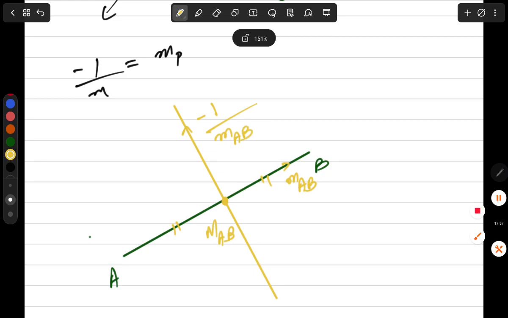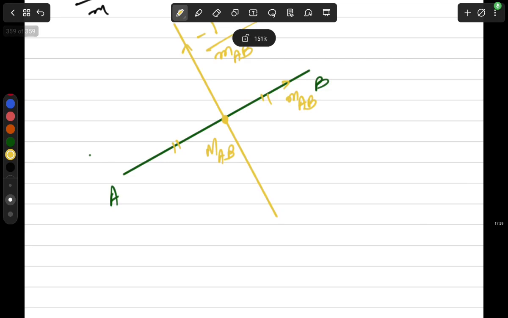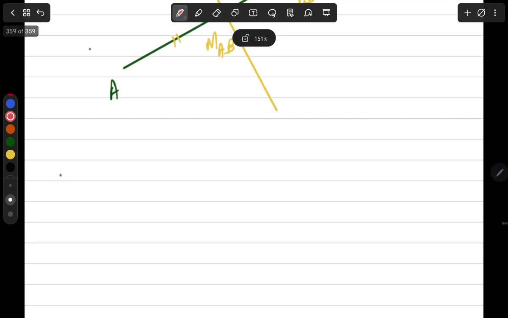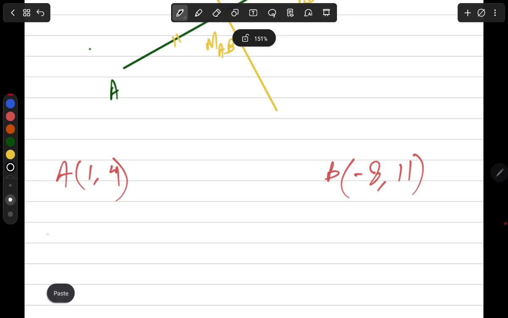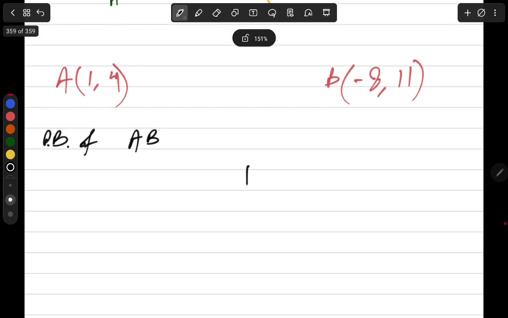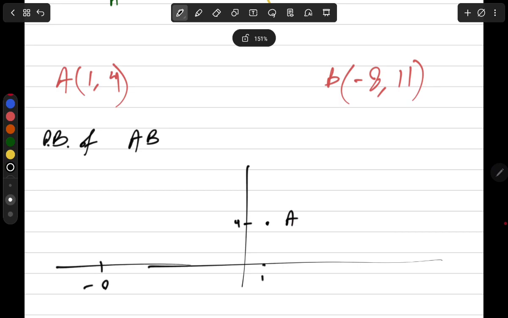Let's do an example. Let's say that there's a point A which is 1 comma 4, and then there's a point B which is negative 8 comma 11. You have to find the equation of the perpendicular bisector of AB. So first of all, A is at 1 comma 4 and B is at negative 8 comma 11.